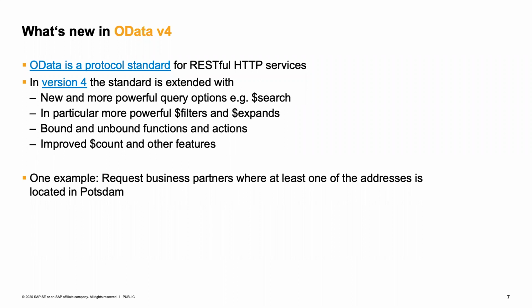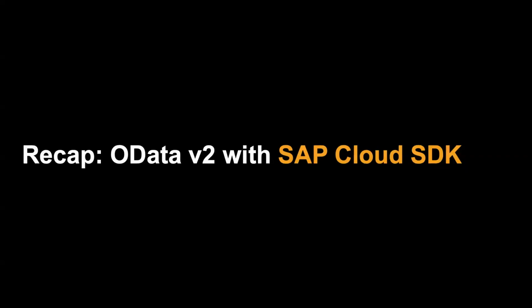And so that is also, of course, the reason why services move towards the standard. Now for the question of how we support this in the Cloud SDK and what the Cloud SDK offers: a quick recap of how the current support for v2 services looks.